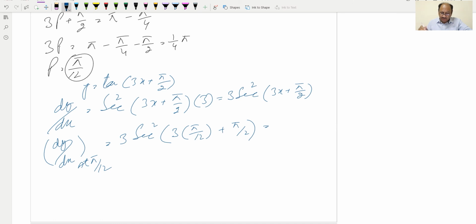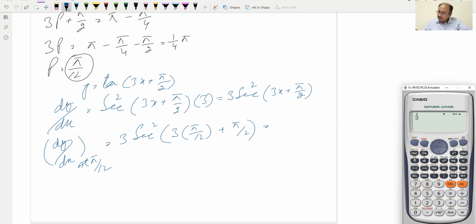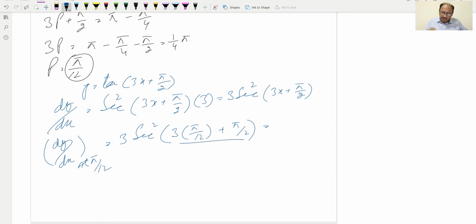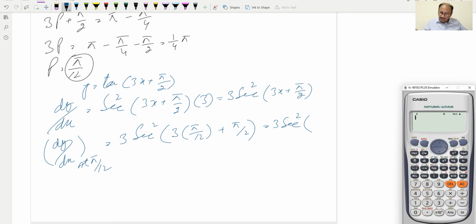First of all we need to find the secant, so we can simplify the inner portion first. Inside, 3 pi by 12, so 3 by 12 will be 1 by 4, so 1 over 4 plus 1 over 2 will be equal to 3 by 4.